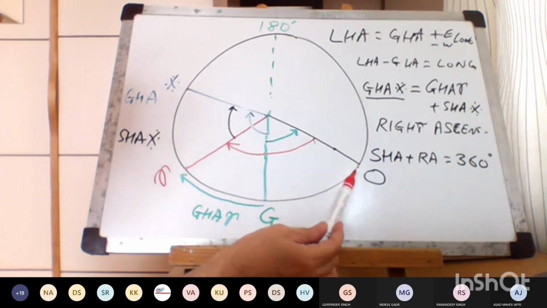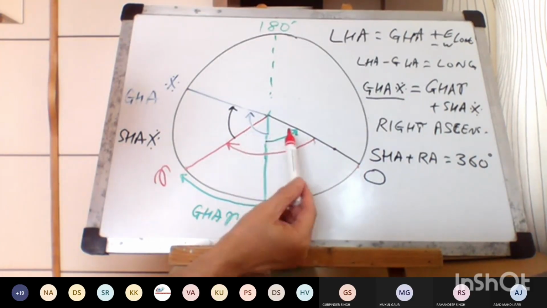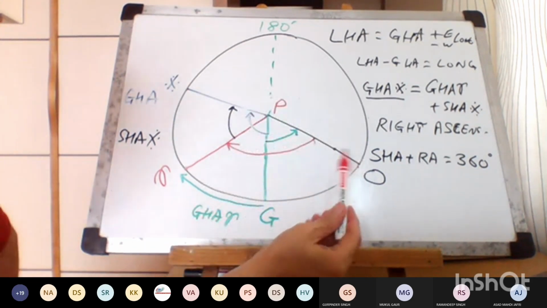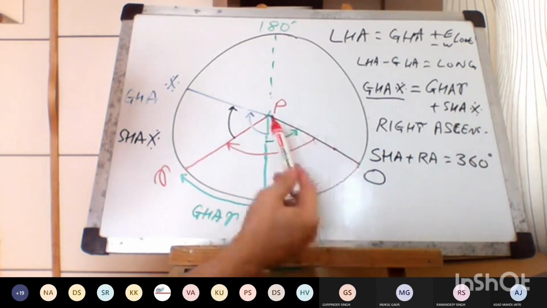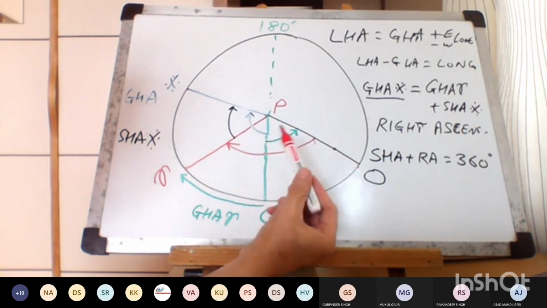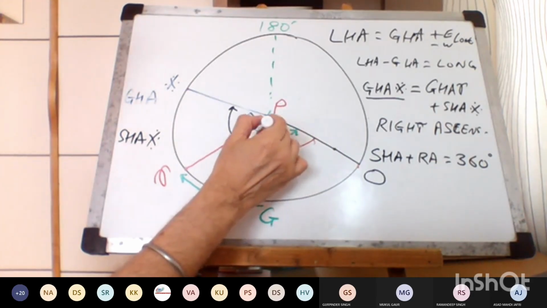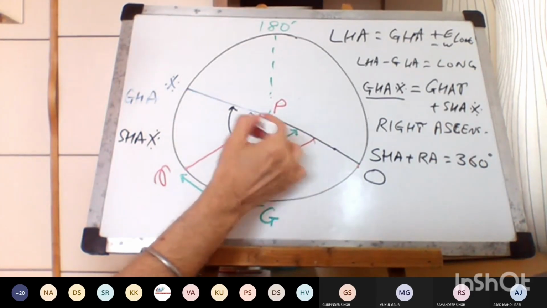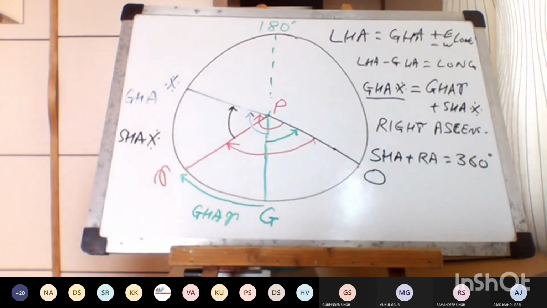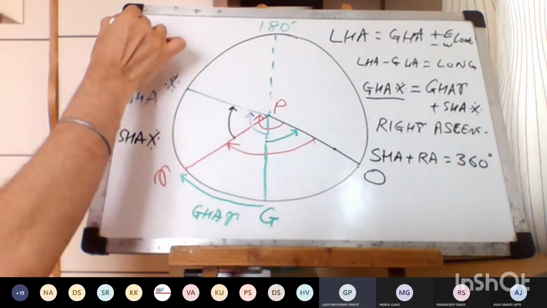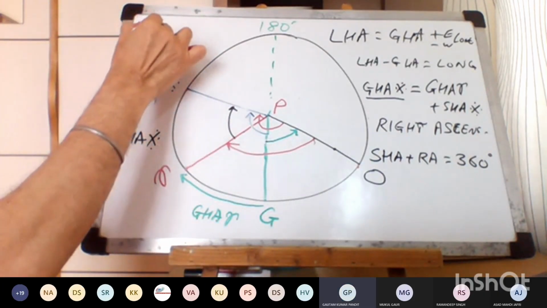LHA Iris, because it is the arc of the equinoctial or angle at the pole. Remember, this is the pole. It is between the meridian passing through the observer and the meridian passing through Iris, measured westwards. And what will be this angle? LHA star. Very good.